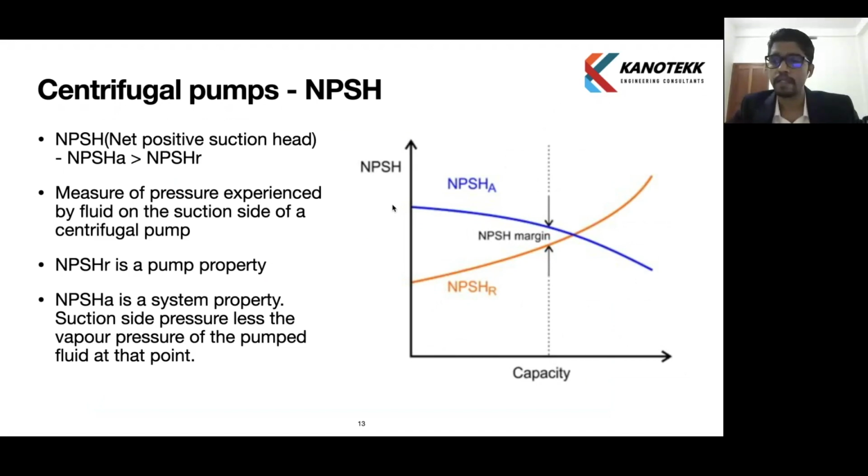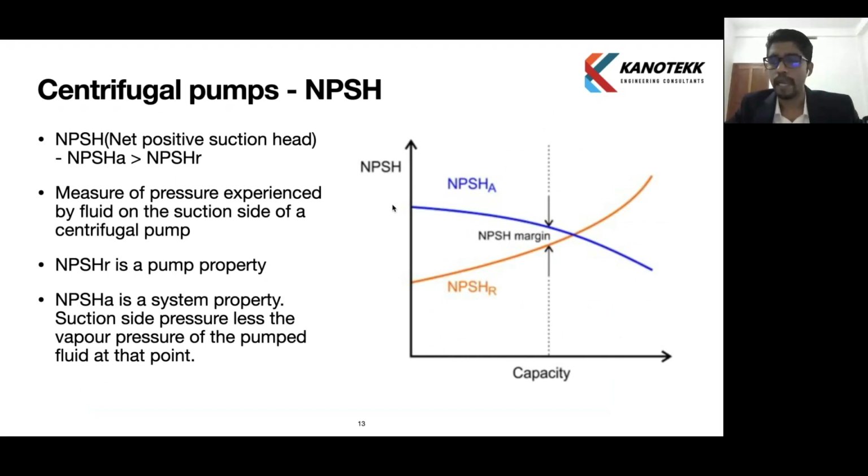Similarly, based on the system, meaning our tank location and our height requirement, we can calculate NPSHa, which is NPSH available. That is the suction side pressure less the vapor pressure of the pump fluid at that point.